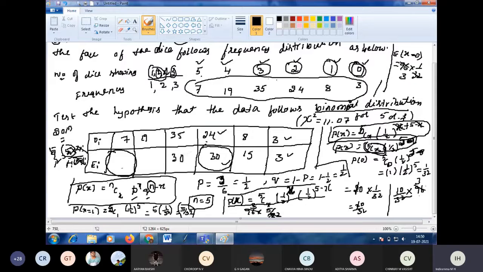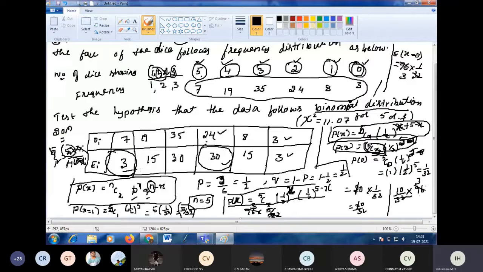Okay, next, when x equal to 4, 5C4 is 5. 5 by 32 into 96, that is 15, the frequency. Next, x equal to 5, 5C5 is 1. 1 into 1 by 32 is 1 by 32, and 1 by 32 into 96 is 3.